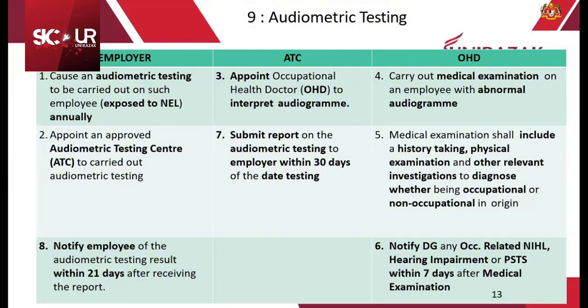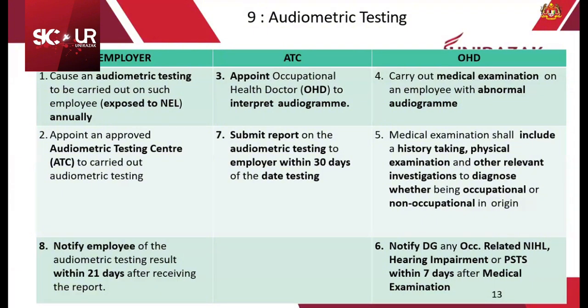So audiometric testing center akan appoint occupational health doctor dan akan carry out medical examination on the employee with the abnormal audiogram. Medical examination shall include the history taking, the physical examination, the other relevant investigation. So OHD juga akan notify DG any occupational related NIHL, hearing impairment or PSTS within 7 days after medical examination.